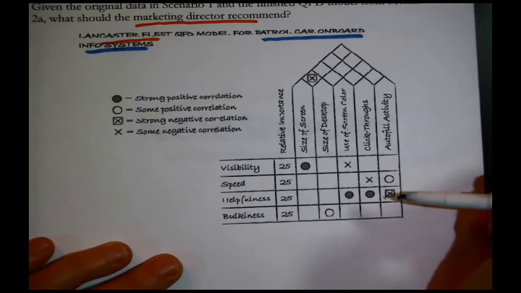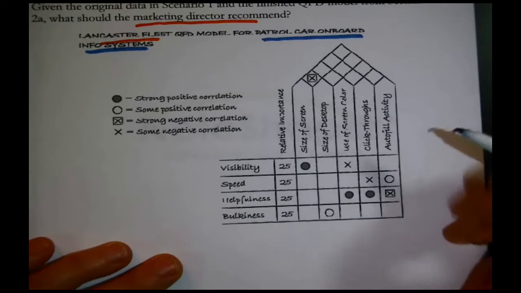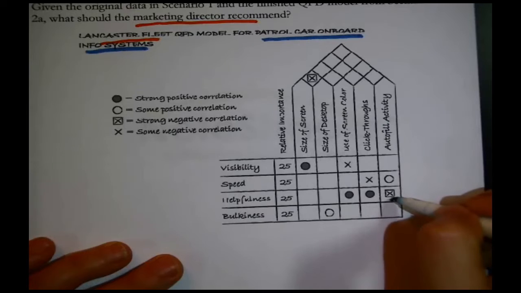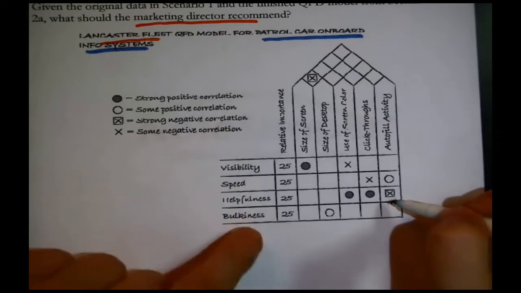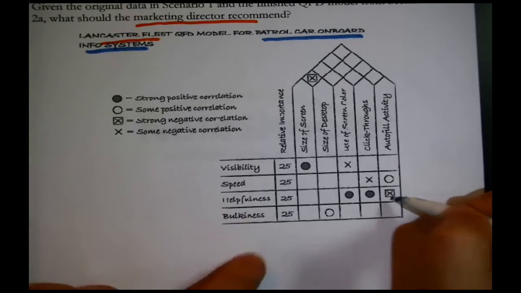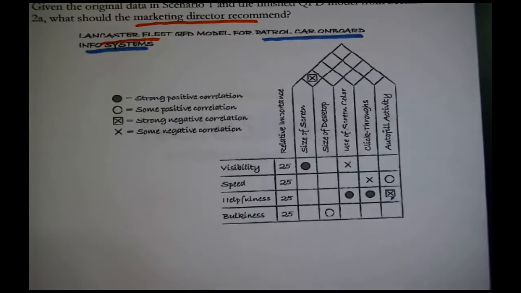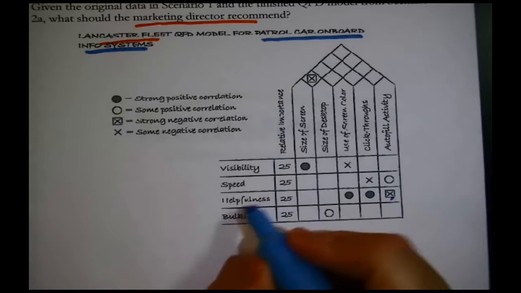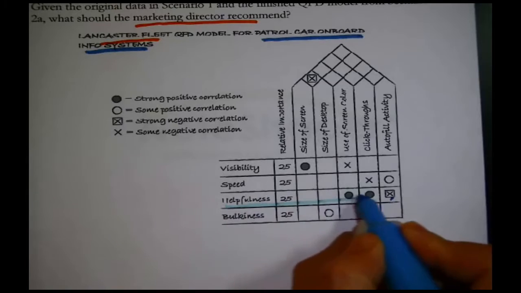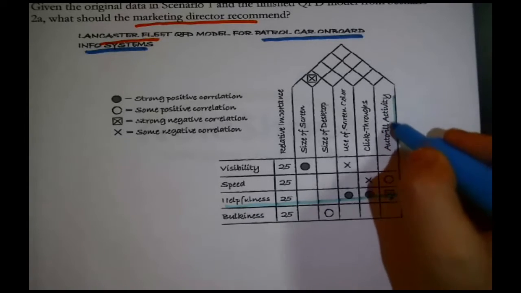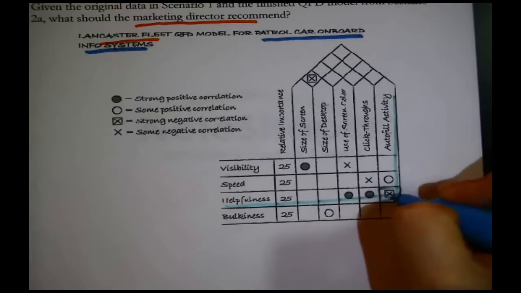Pick a particular symbol anywhere, like that symbol right there. What does that mean? Strong negative correlation between, I am pointing to, for instance, helpfulness and autofill activity. See how that symbol is at the intersection of those two?